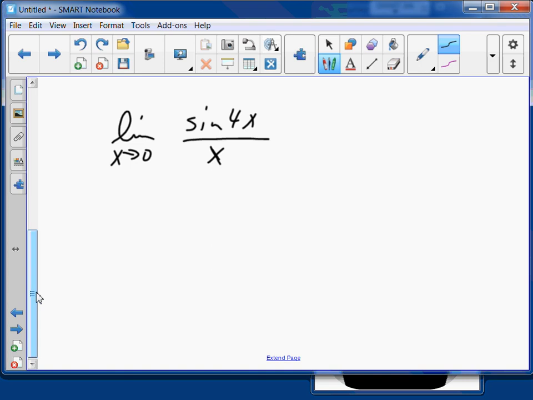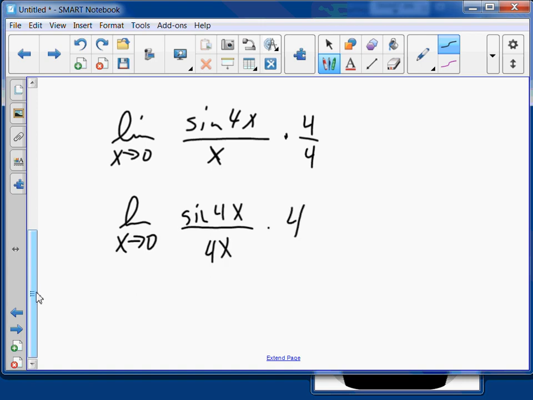How does that happen? Well, what we're going to do with this problem is multiply it by 4 over 4. I'm not going to do anything with this top 4. I'm going to leave this as the limit as x approaches 0 of sine of 4x divided by now 4x, times 4.